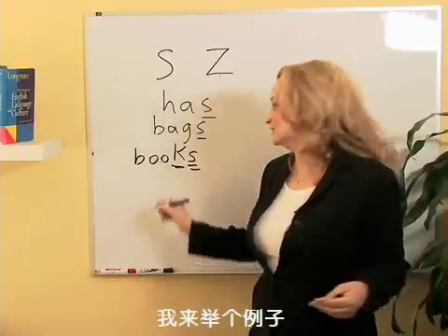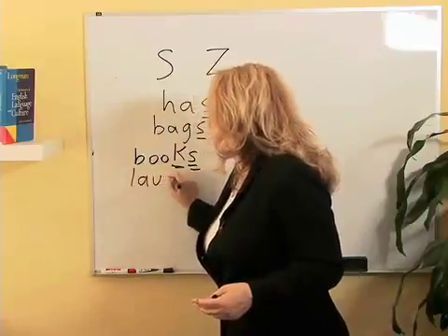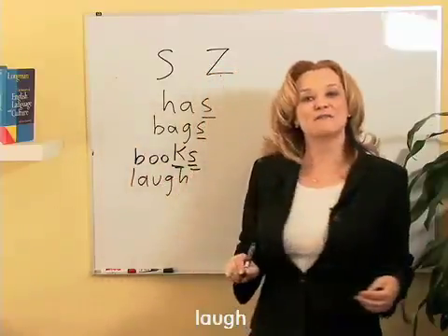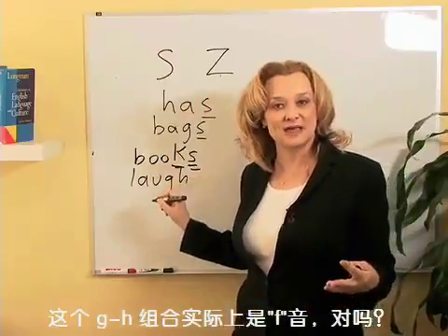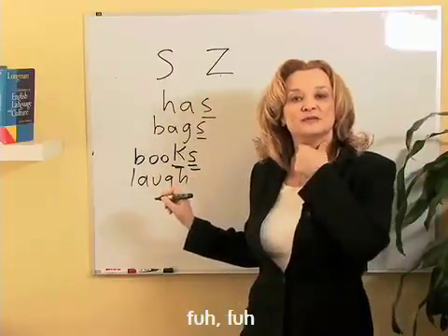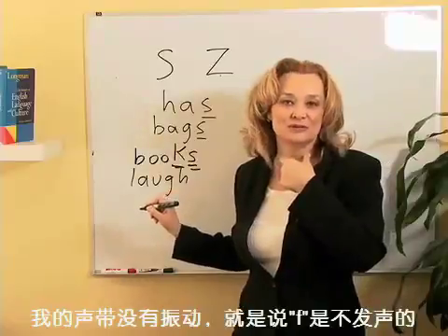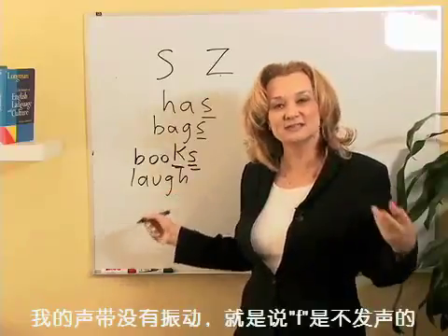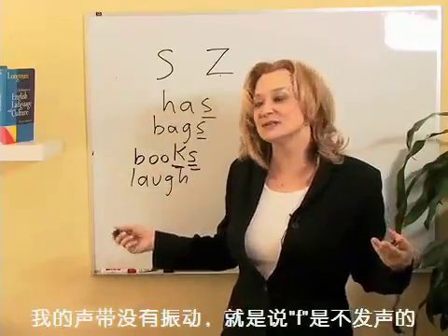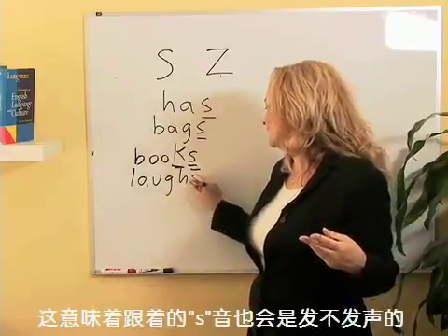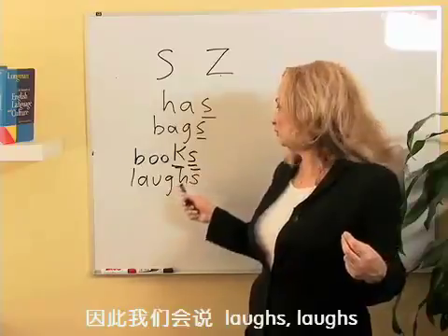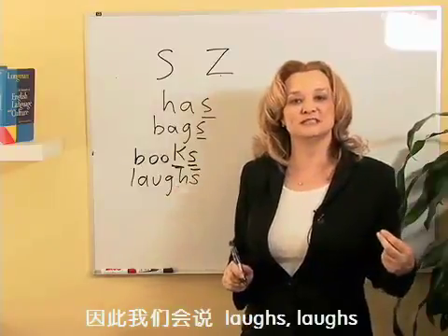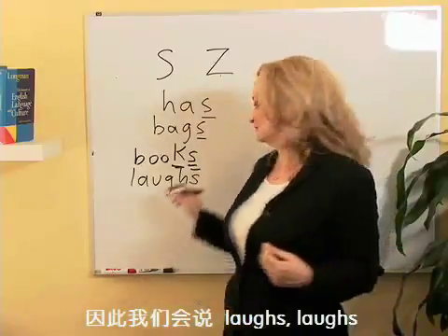Let me give you another example. The word "laugh." This GH is actually an F sound, right? F, f, f. There's no vibration in my vocal cords, so the F is a voiceless sound. So that means the S that follows it will also be voiceless, and we will say "laughs."